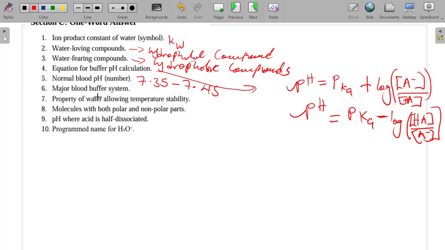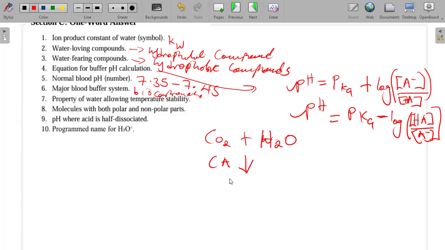Okay, so the major blood buffer system that we are going to notice most of the time is the bicarbonate buffer system, isn't it? So we are talking about the bicarbonate buffer system. Okay, so we are following the pathway of carbon dioxide combining with water, H2O, with the work of the carbonic anhydrase enzyme, isn't it?